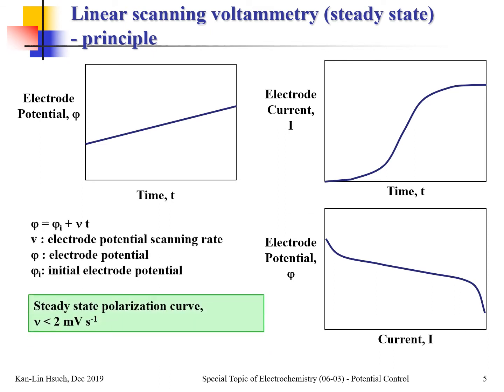The potential is a linear function of time. So phi I is the initial electric potential, scanning from the initial value at a scanning rate mu as a function of time. The scanning rate is usually less than 2 millivolts per second, so all the data we measure is assumed to be at equilibrium.